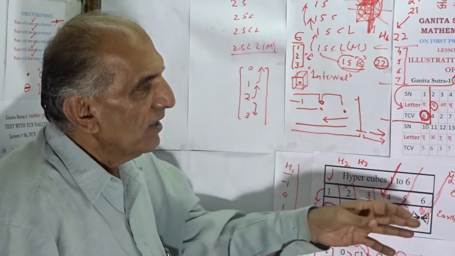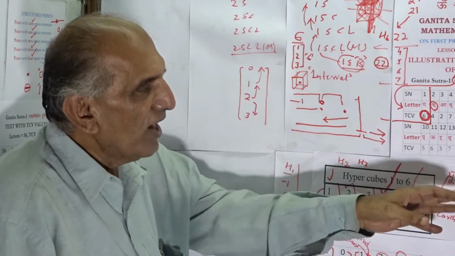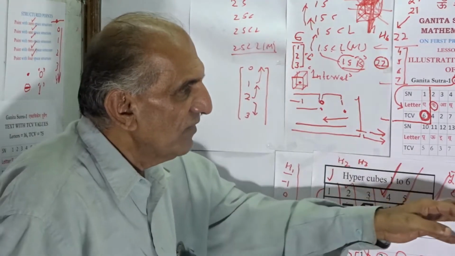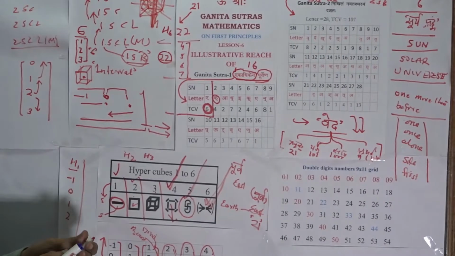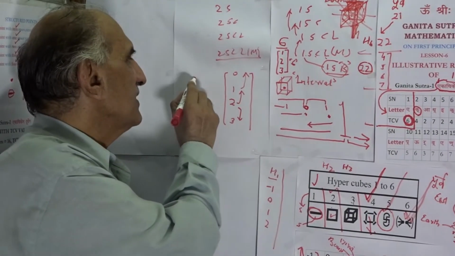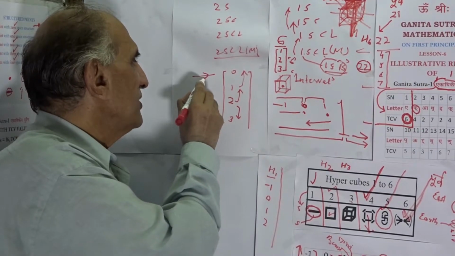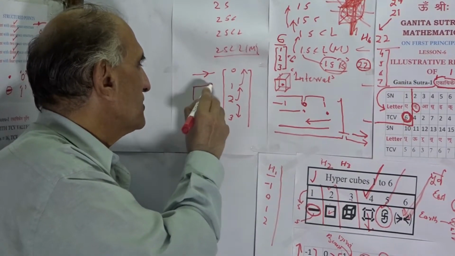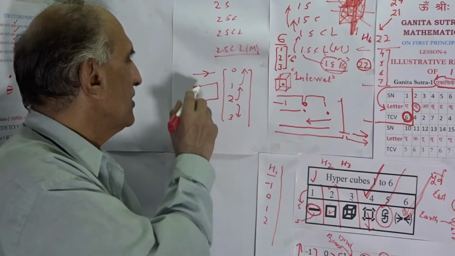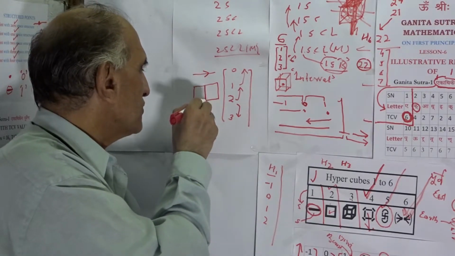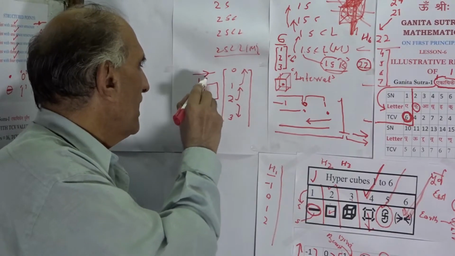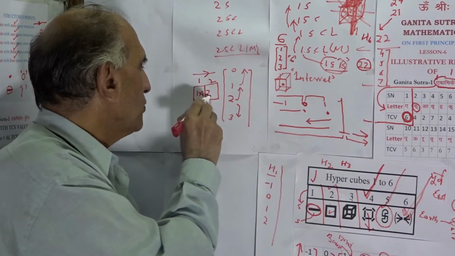Therefore, here we will have a mathematics organization, a grid, which goes from a single digit to a double digits grid. This double digits grid, in the first instance, will take us to 1 as 1 cross 1 and 2 as 2 cross 1.